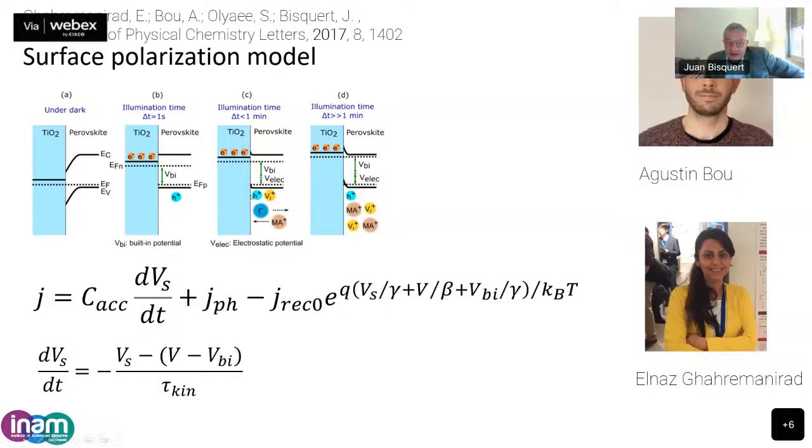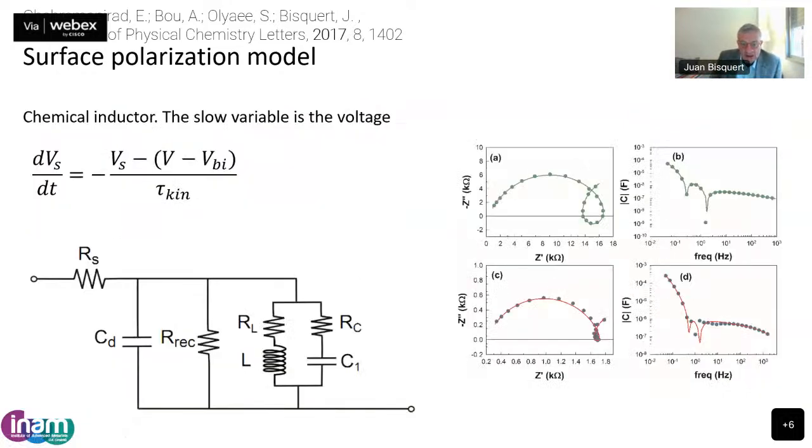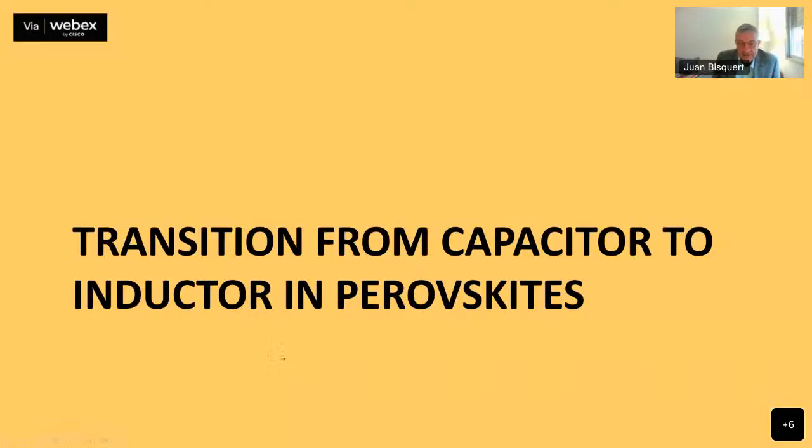There's something slowing down response of ions at the interface, and this is controlling recombination. This was the first model providing the inductor effect, and so I think we have a very good explanation of the inverted and normal hysteresis in terms of the impedance properties, capacitive or inductive.